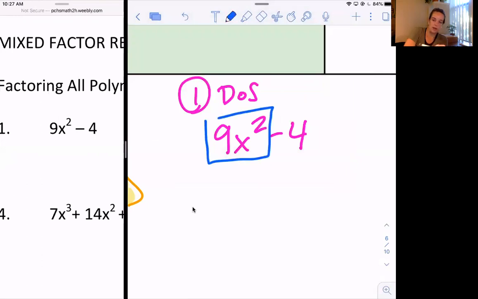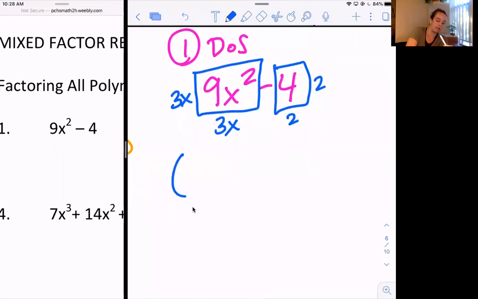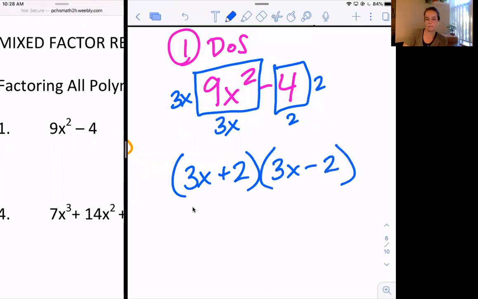I know that this is a square. It's 3x times 3x. 3 times 3 would be 9. X times x is x squared. And I know that 4 is a square, 2 and 2. So for the difference of squares, I know that I have 3x plus 2, 3x minus 2, like that.